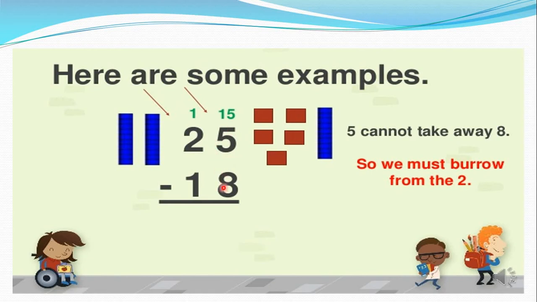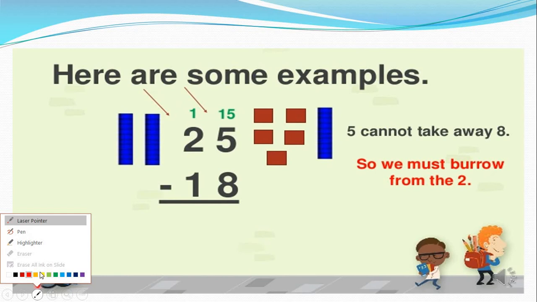5 minus 8. 8 is the larger number and 5 is the smaller number, so this is not possible. 5 cannot take away 8. So what do we do, students? We must borrow from the 2.